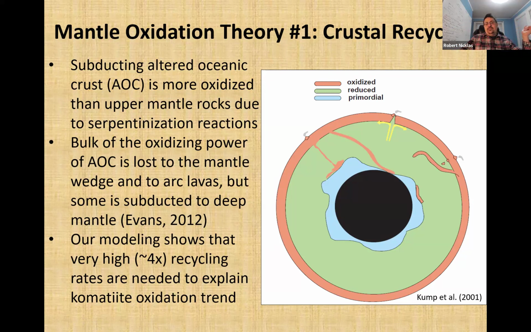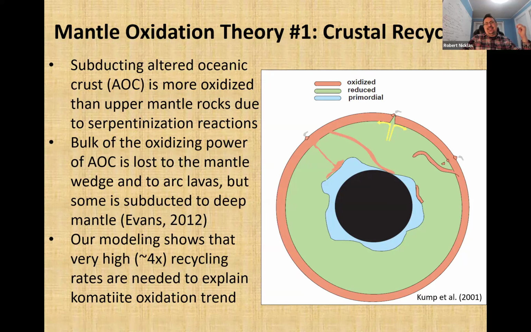Basically, we need to oxidize the mantle by around 1 log unit in around 1.6 billion years. If we take the Evans rate of recycling of oxidants, you need a very high recycling rate. It's basically 4 times as much oxidants pumped into the mantle as today to explain the komatiite oxidation trend.